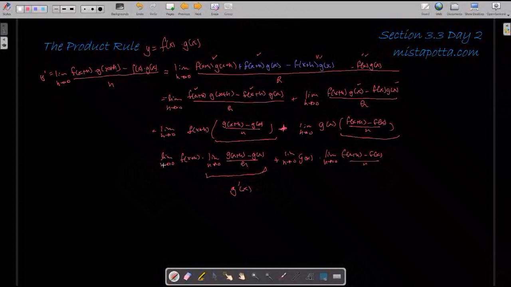Over here, as h goes to 0, this is just a function of f. So this ends up just being f of x. And over here, this limit ends up being just g of x. But this term here ends up being the derivative of f.